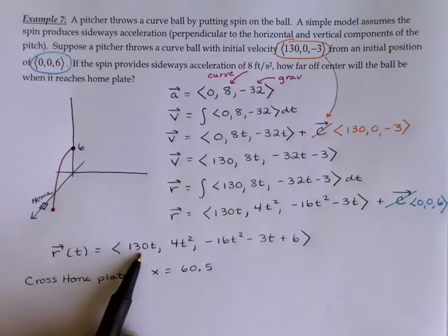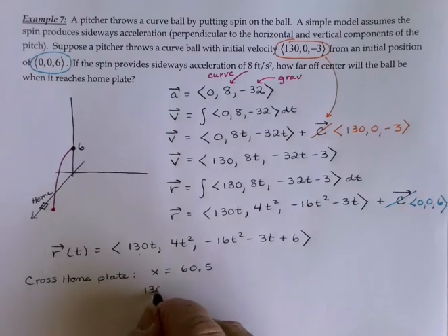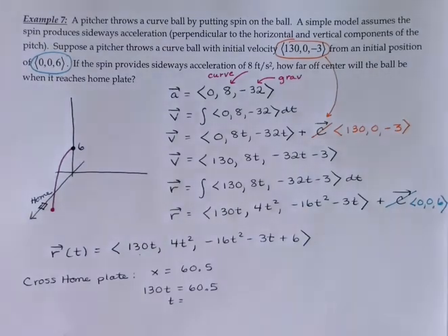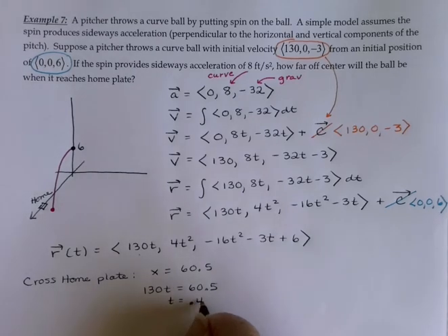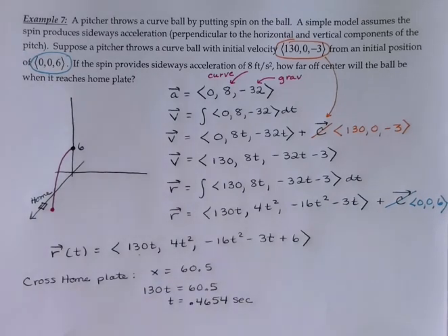Well, my x value here is 130t. So that's going to give me a t value of about 0.4654. Not quite half a second.